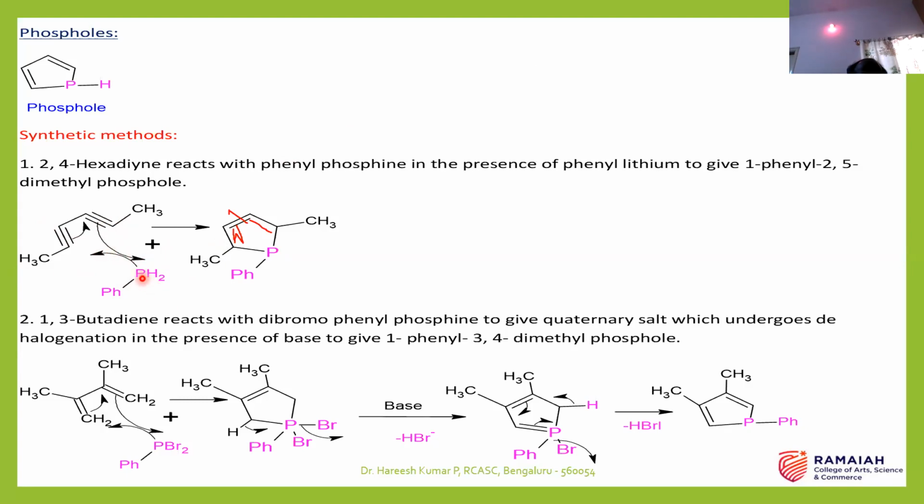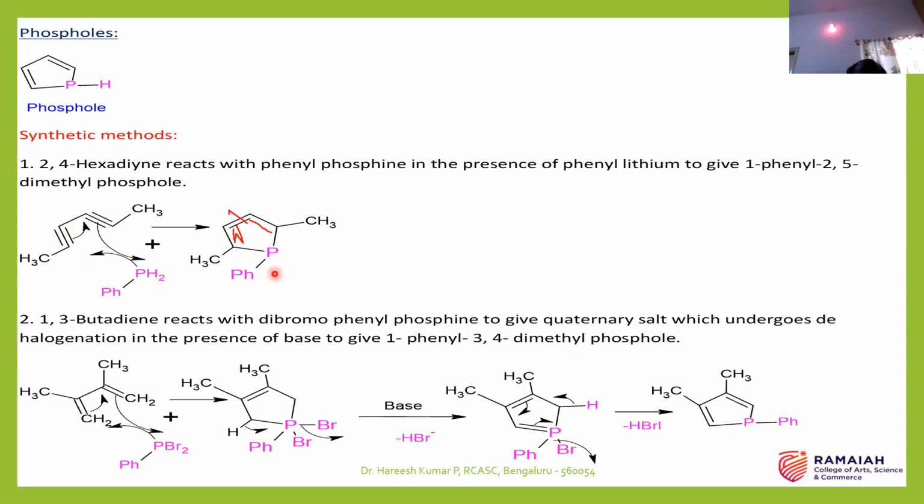How? That means P-H is the nucleophile. This bond pair attacks here, and this picks up a proton, and again this bond pair attacks here, and this picks up a proton. That's why there is a double bond here, and there is a double bond here.